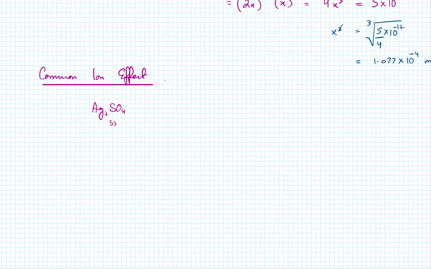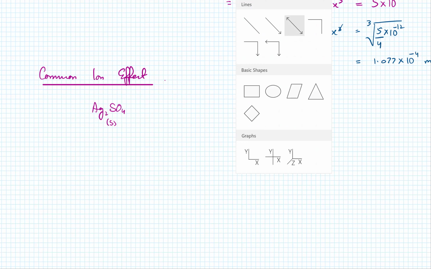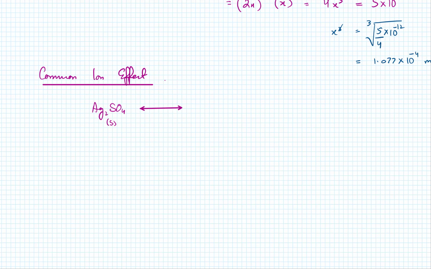So I'm trying to dissolve silver sulfate, and it dissolves and produces two silver ions, aqueous, and sulfate ions, aqueous. It's not very soluble, so it's going to produce very few silver ions and very few sulfate ions. Now you've got the solution, and the solution has silver ions and sulfate ions.